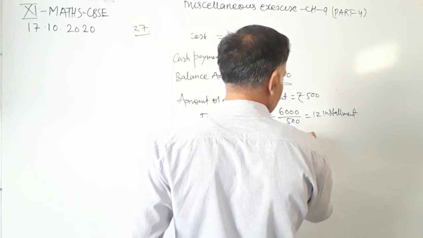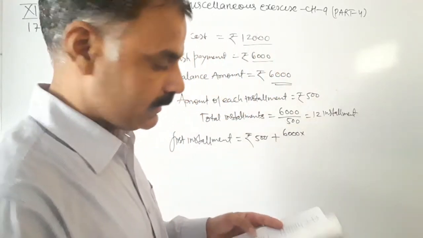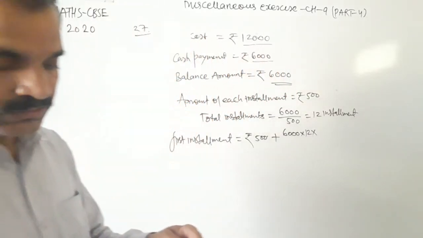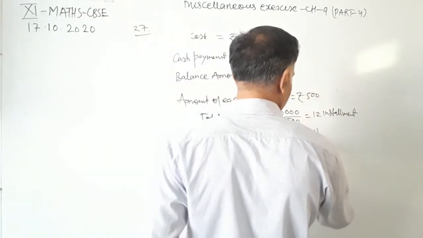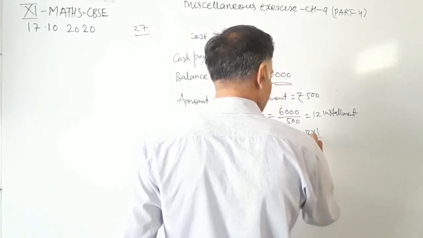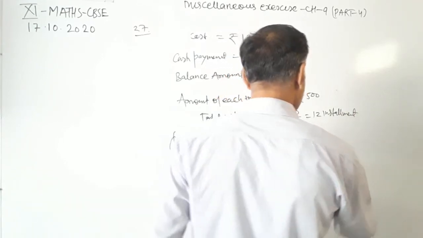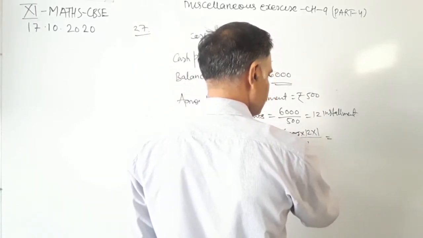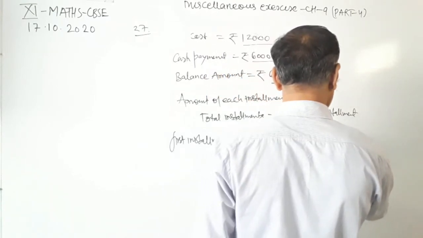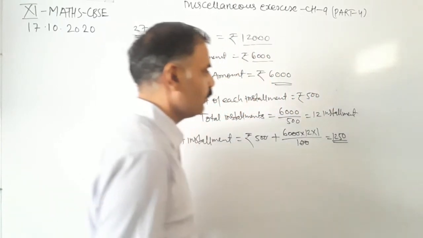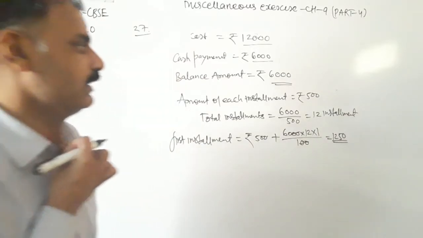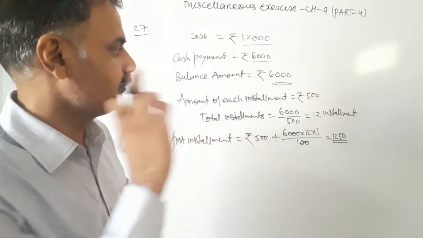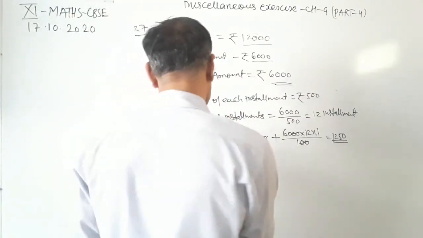So 6,000 into 12 into 1 year divided by 100, since the installment is annual. So this equals 500 plus 12 times 6, that is 720. 720 plus 500 equals 1250. The first installment is rupees 1250.